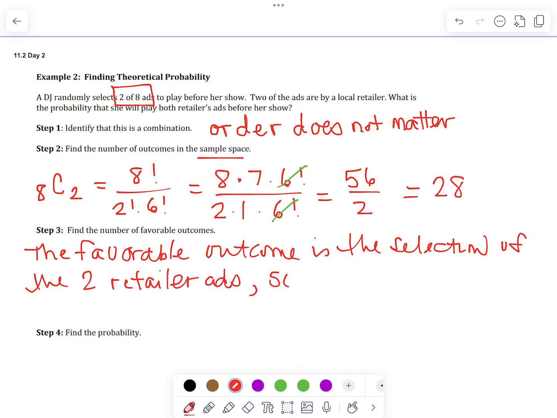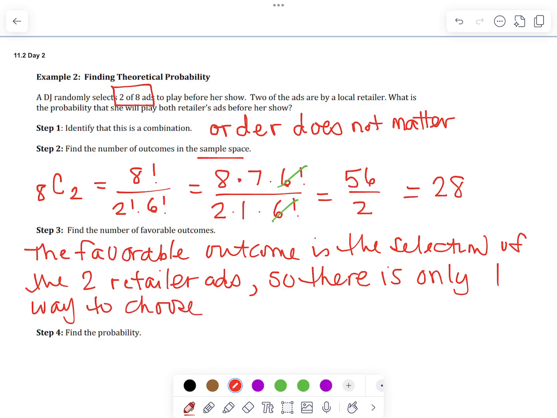That means there is only one way to choose both retailer ads.